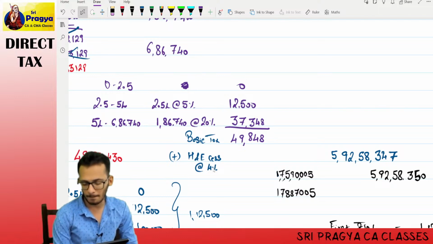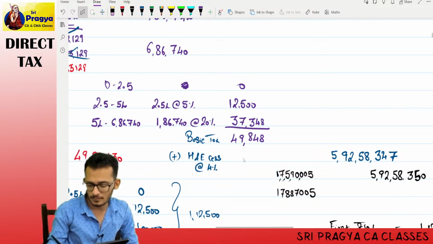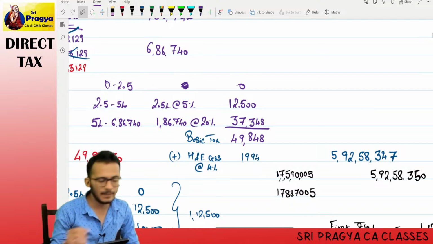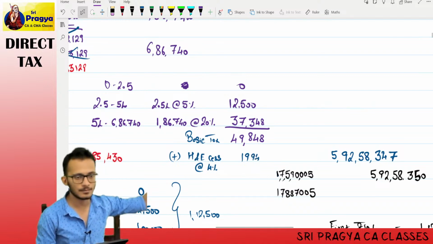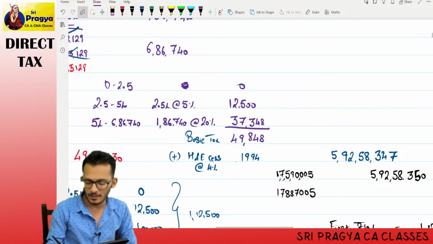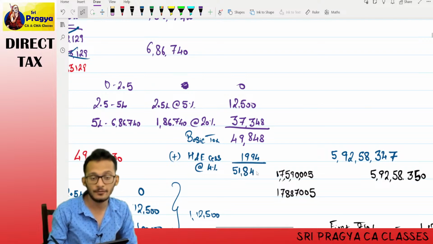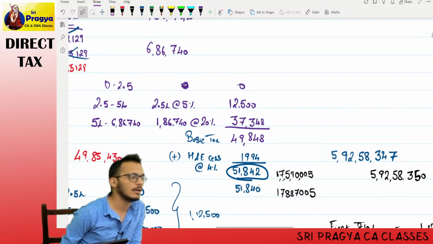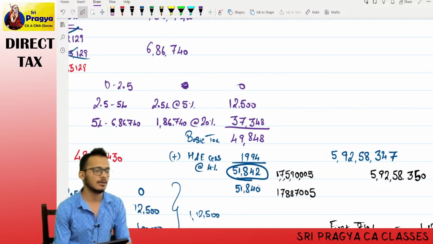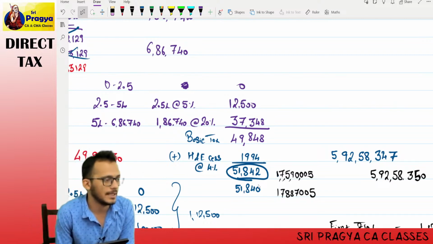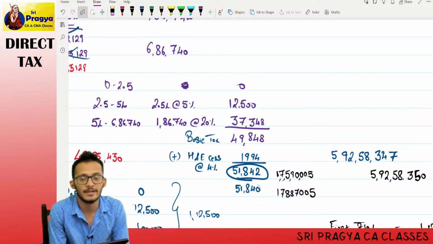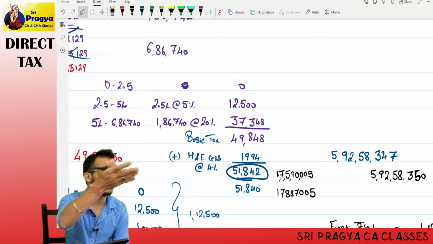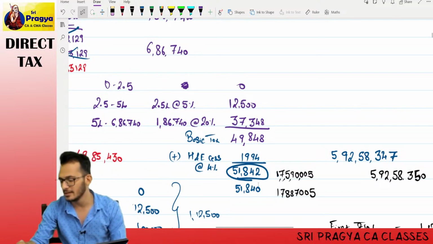Plus HND cess at the rate of 4%. 4% of 49,848 is 1994. Add it to 49,848 and the number is 51,842. Now this is the number which you will round off to the nearest 10, because this is the number which will come in step number 14 or 15.